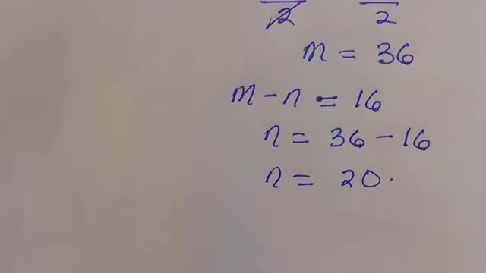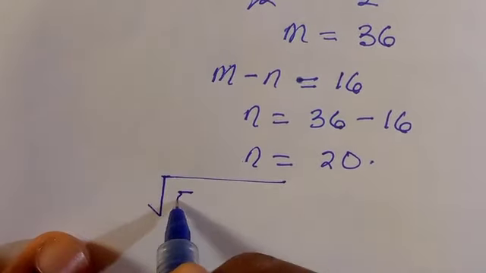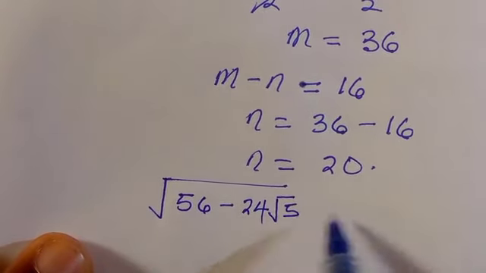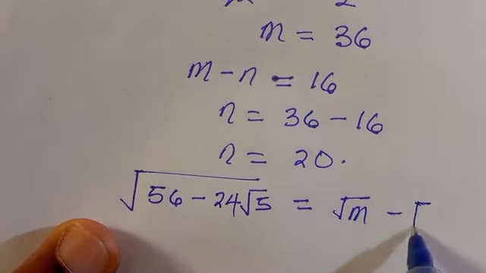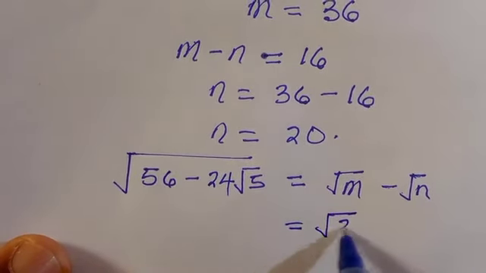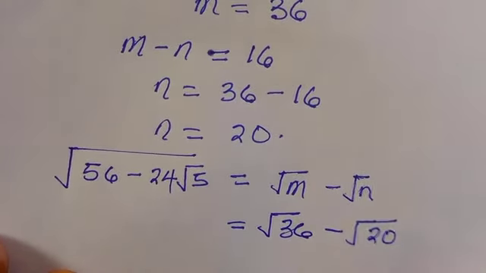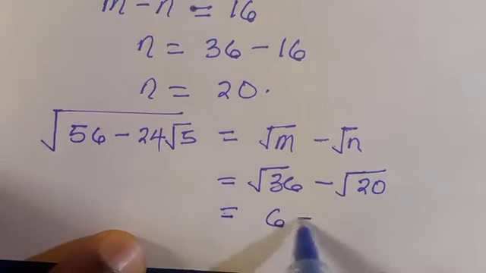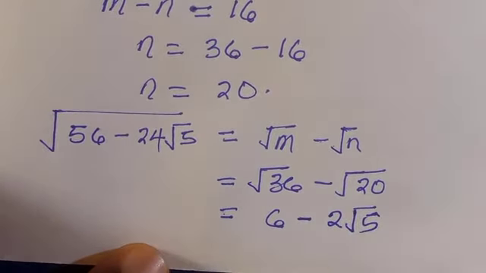Then we recall from above that the root of 56 minus 24 root 5 equals square root of m minus square root of n. By plugging in the values of m and n, we have root 36 minus root 20, which is 6 minus 2 root 5.